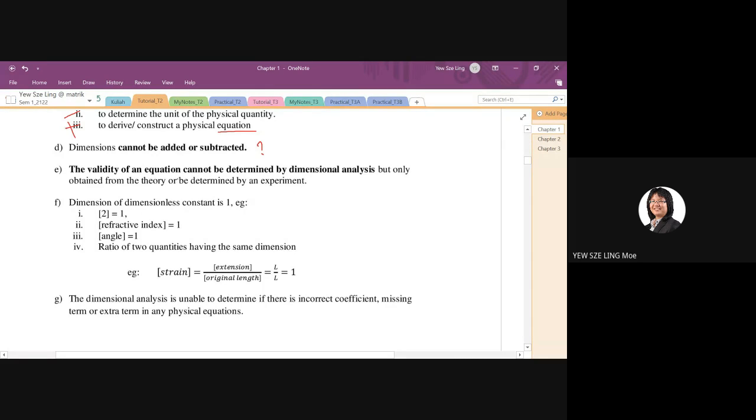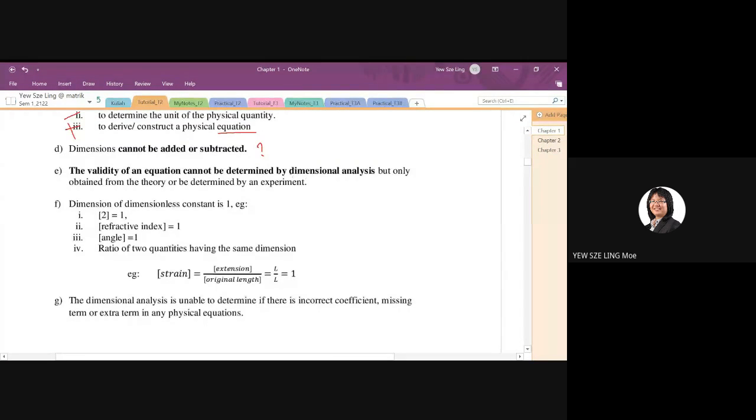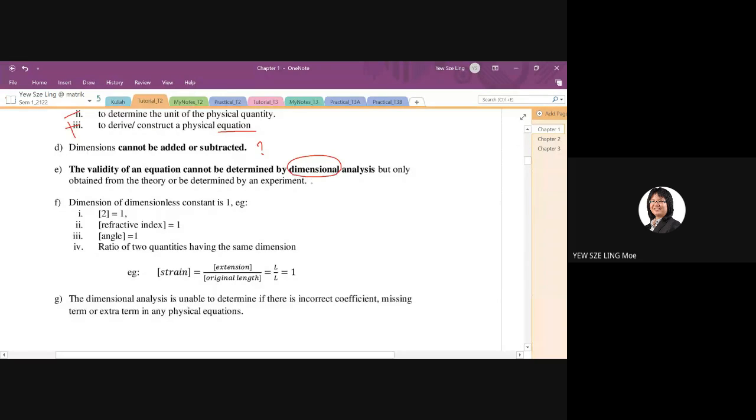So you cannot validate whether an equation is correct. It will just tell you they are dimensionally correct, but whether the equation is correct or not, you don't know. If the question asks whether it is dimensionally correct or not, then it just wants to check whether the dimensions on the left hand side are equal to the dimensions on the right hand side.